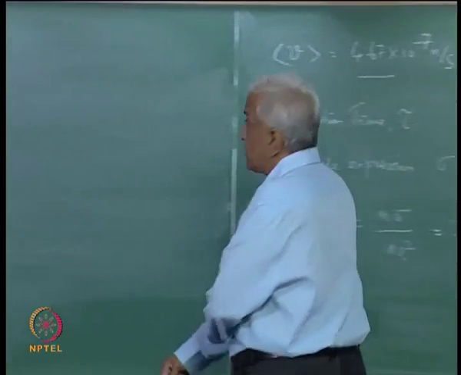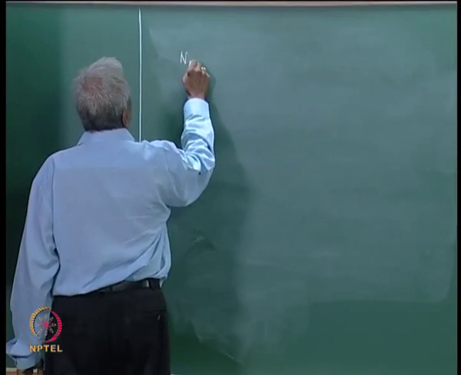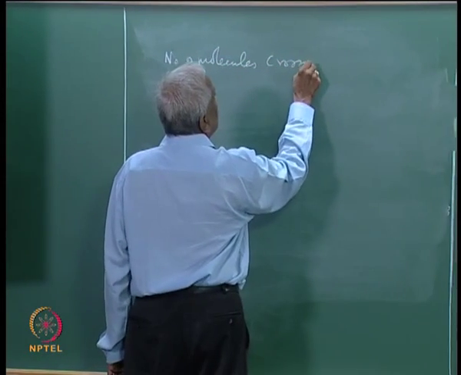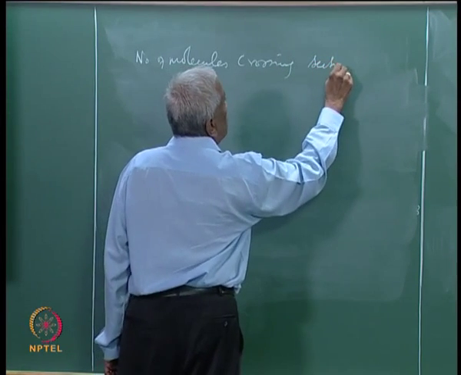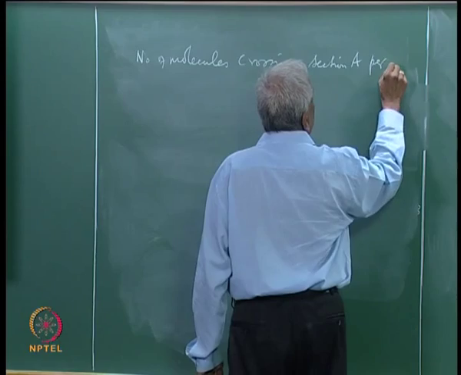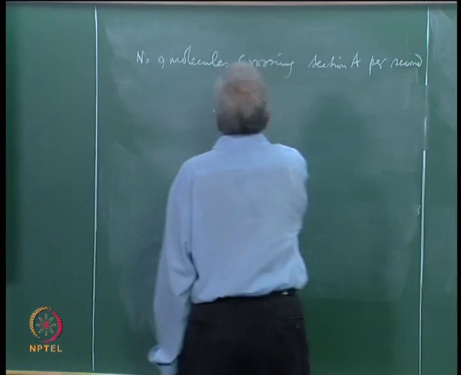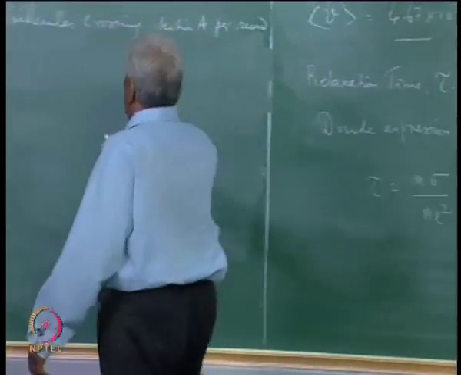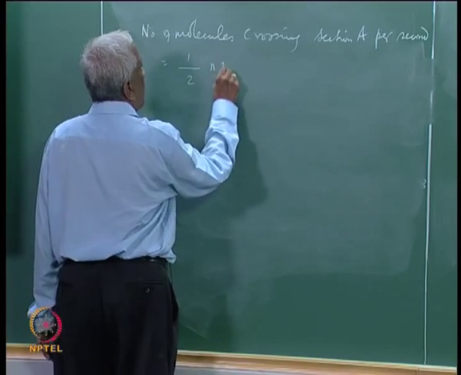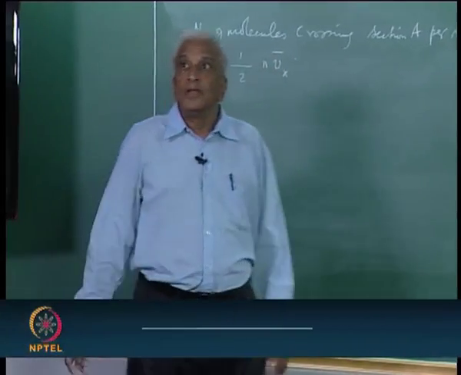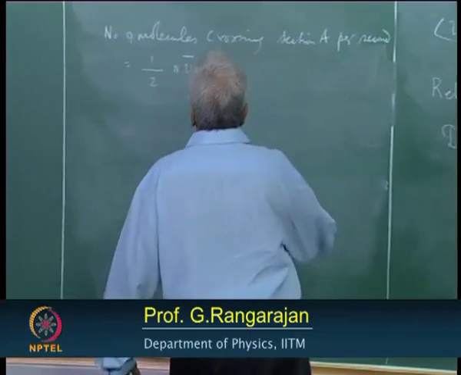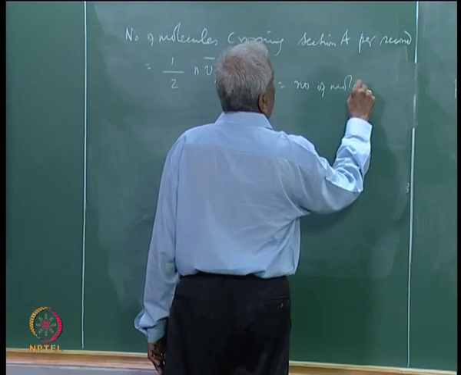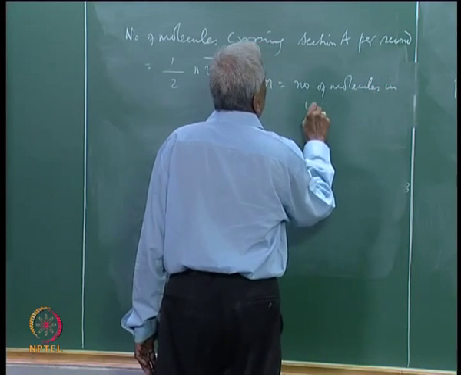So, the number of molecules crossing section A per second, we know, is half n V x bar, where n is the number of molecules in unit volume.